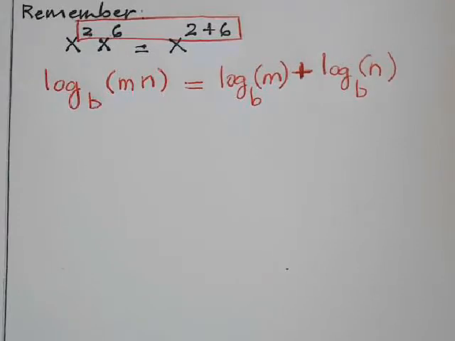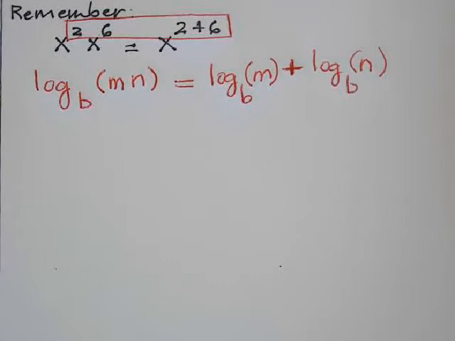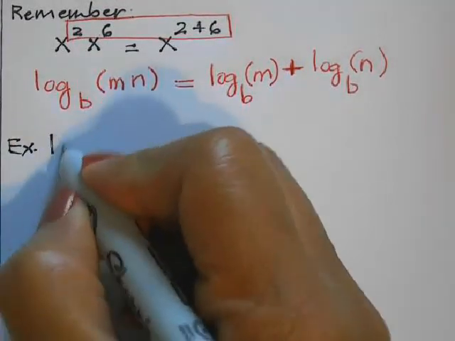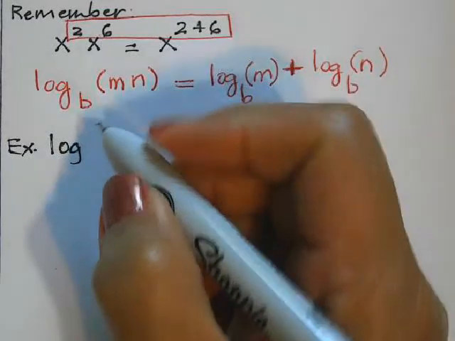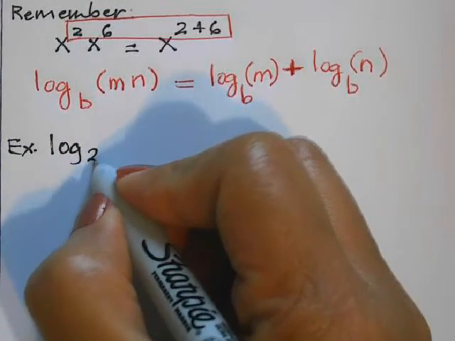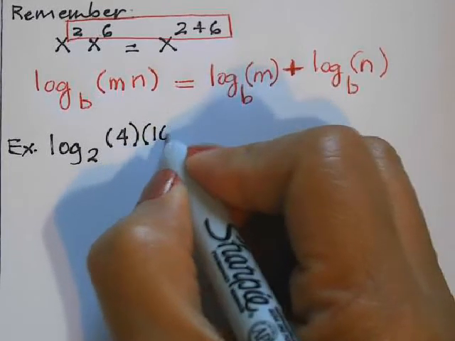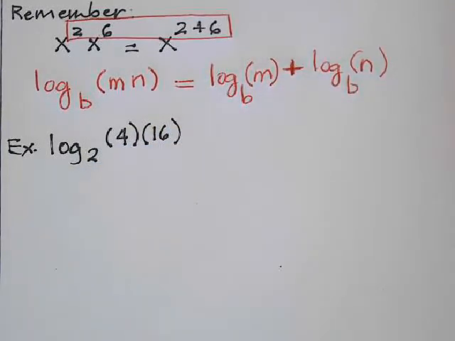I'm going to give you an example that will show this clearly, or prove this. Say I ask you to find the value of log base 2 of 4 times 16.